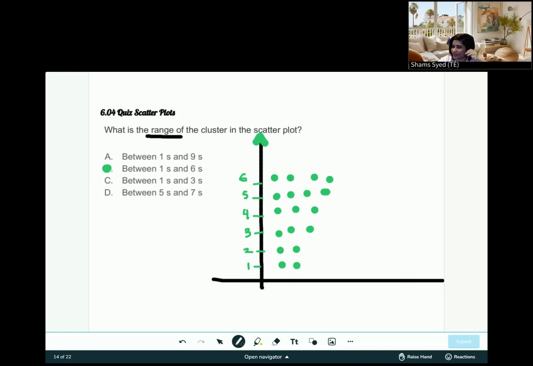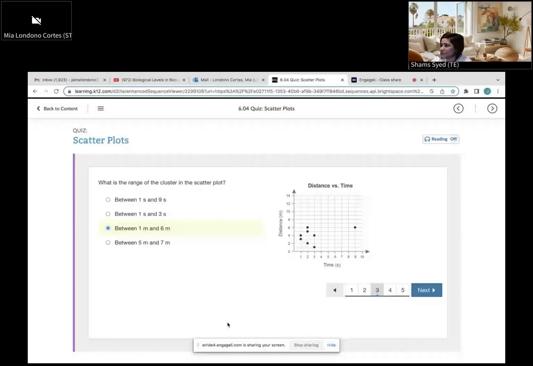Mia is going to show the precise question 3 for us. Here is Mia's screen. They're going by 2s. And definitely Mia's right with the range. Mia, go ahead, talk about it.